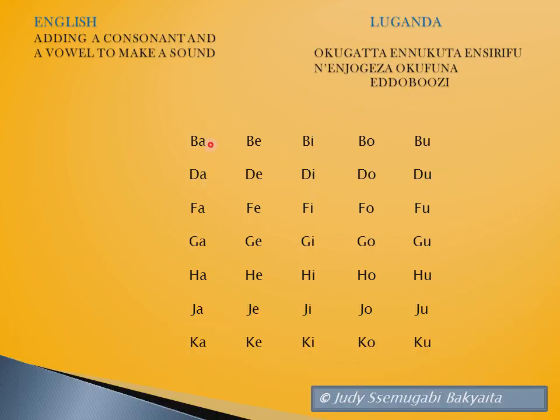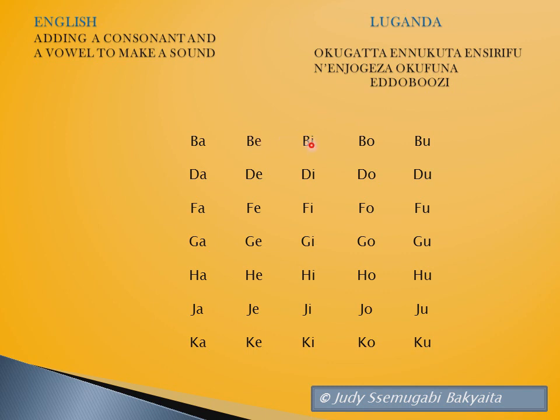So now we have added a letter ba. It's a Luganda letter ba with a vowel a. Ba plus a, we get ba. Ba plus e, we get be.